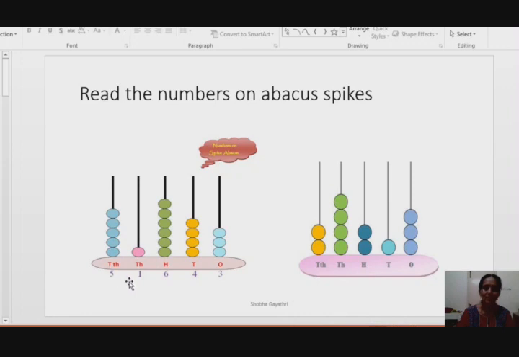We can read the number 51,643. 51 is in thousands period, so it is read together, 51,000. Hundreds, tens and ones places are in ones period, so they are read together. While watching the video, you can read the number yourself for this abacus number.